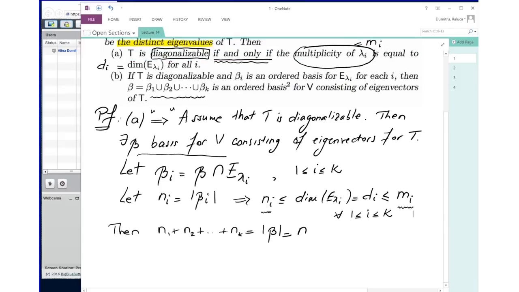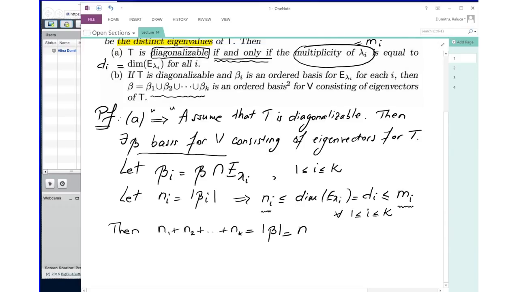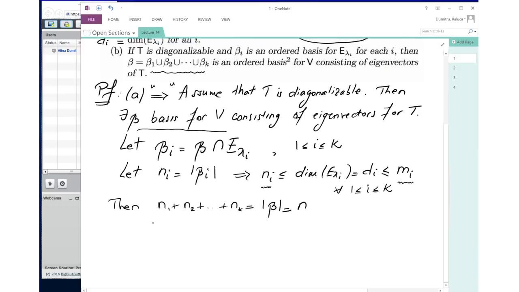Remember that what I'm trying to prove is that m_i equals d_i, right? The multiplicity equals the dimension of the eigenspace. So now I'm going to look at the sum of m_i's. Now, m_i's are the multiplicities of each eigenvalue. Where are they coming from? From the characteristic polynomial, right?